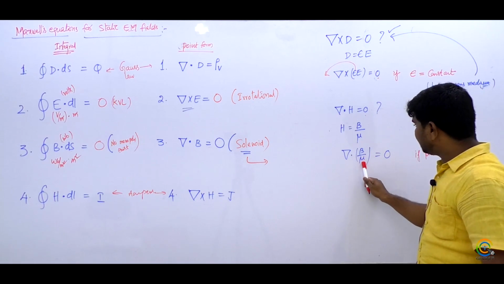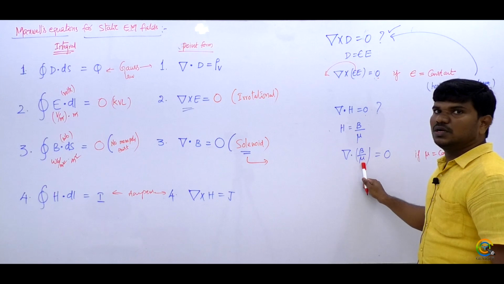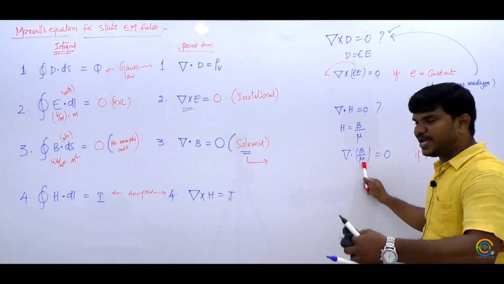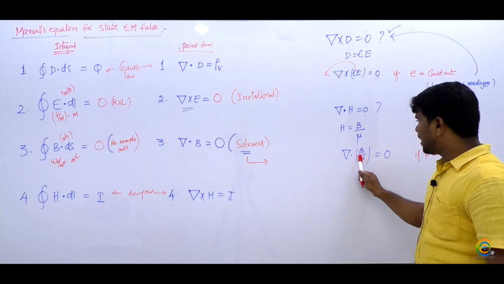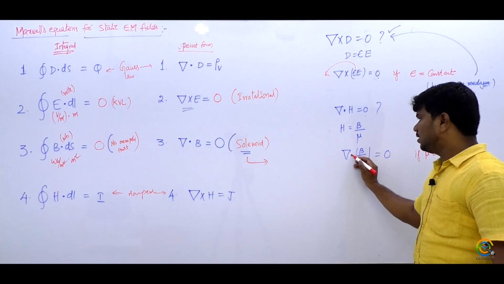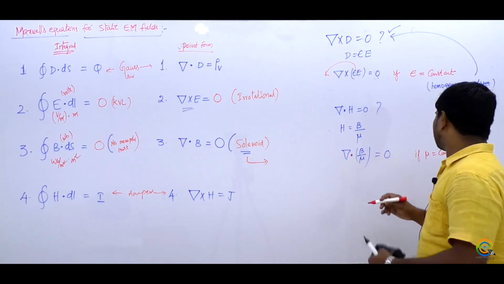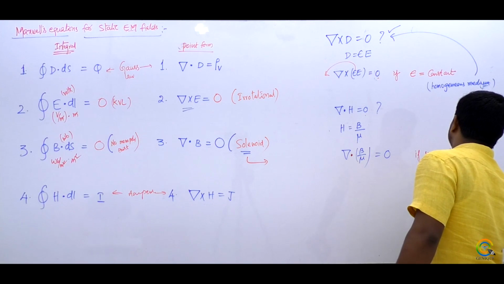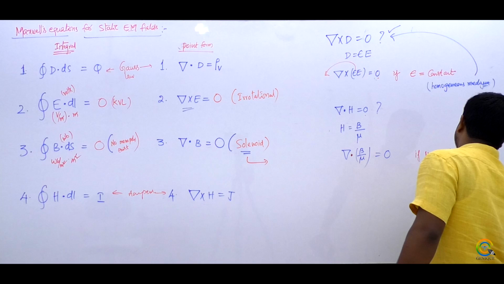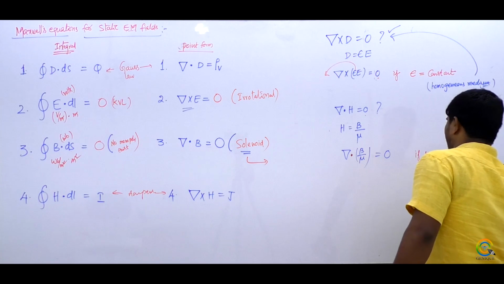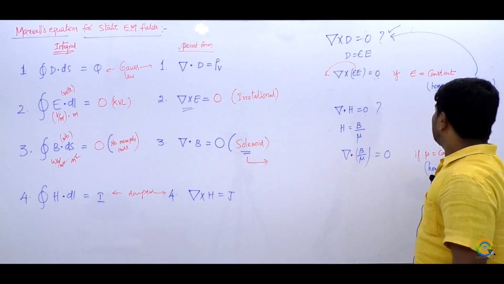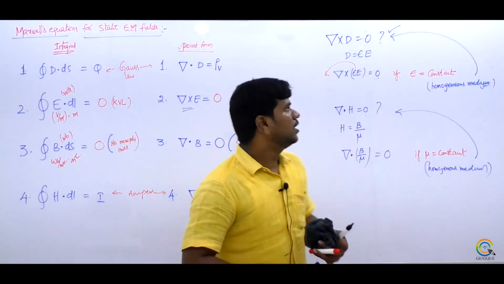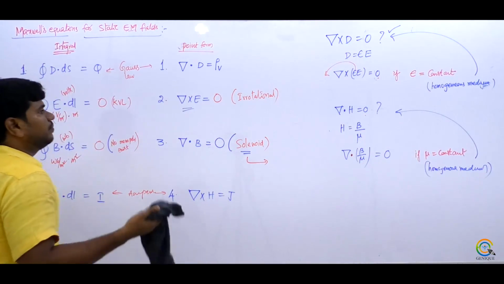If mu is varying in space, you cannot take it outside. So constant means a homogeneous medium. You can write del dot H is equal to 0, and these are the two important relations for the homogeneous medium.